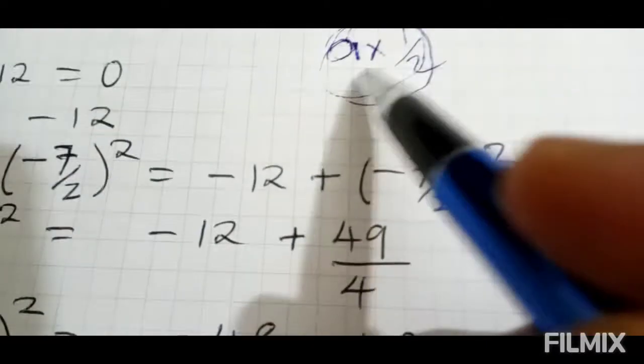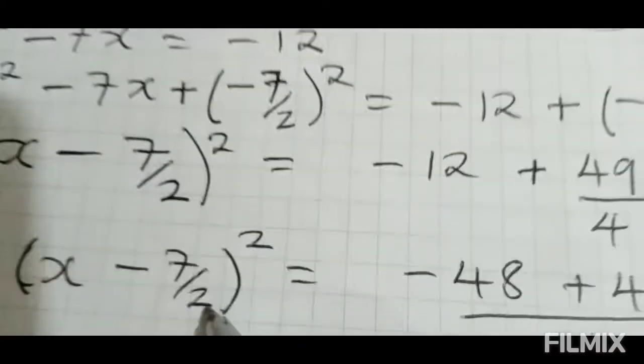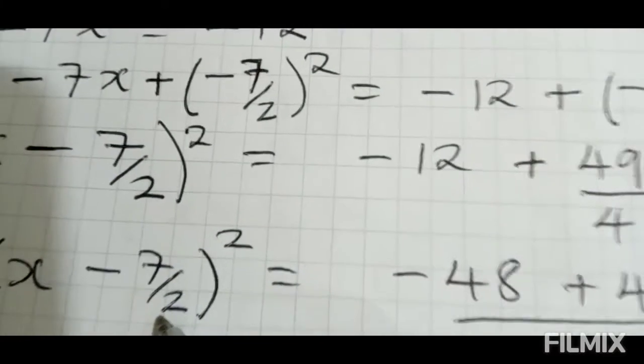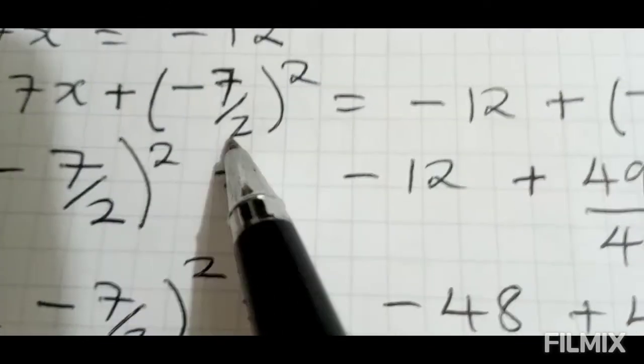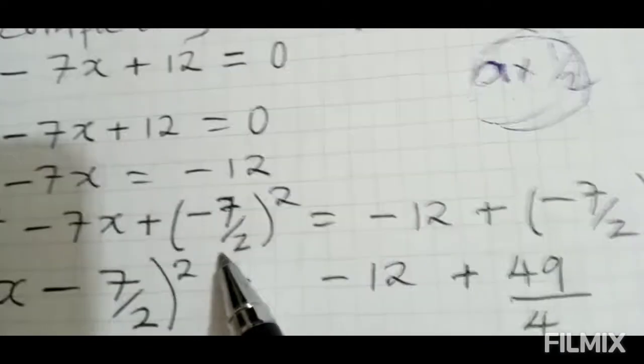So half of minus 7 is minus 7 multiplied by half, which gives us minus 7 over 2.